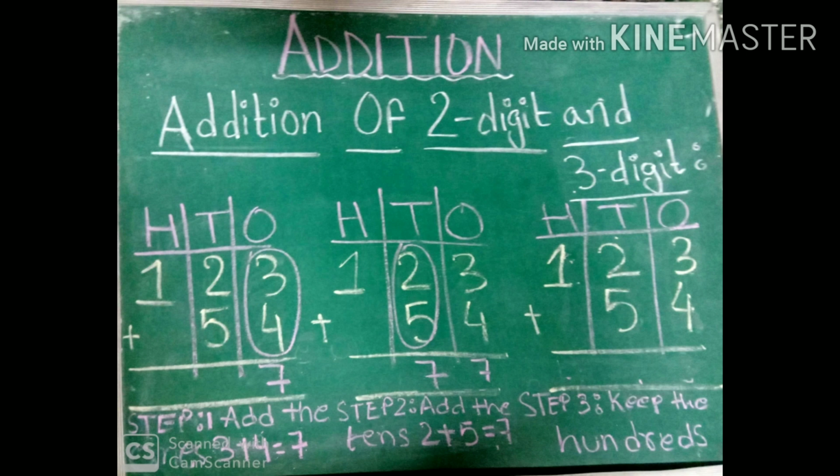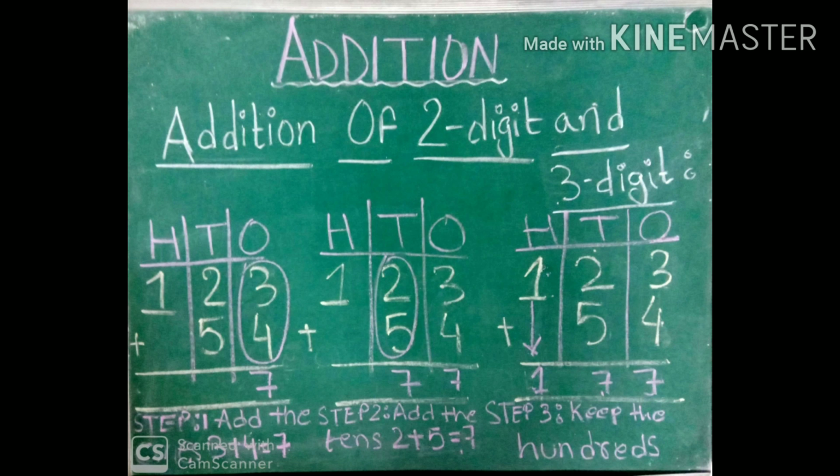Now, step number 2, add the tens. 2 plus 5 gives us 7.